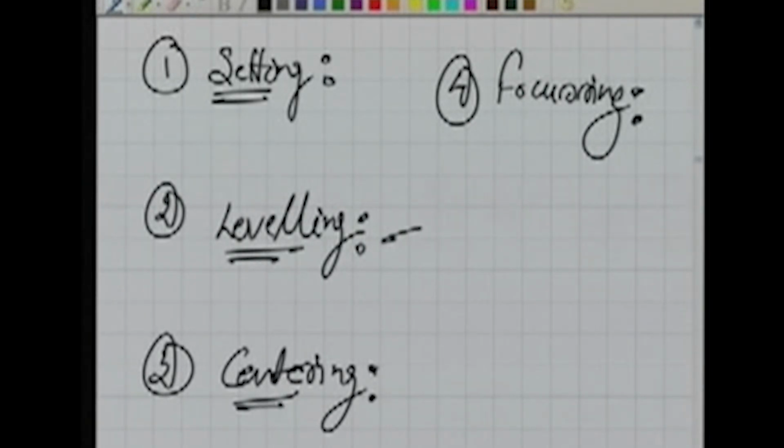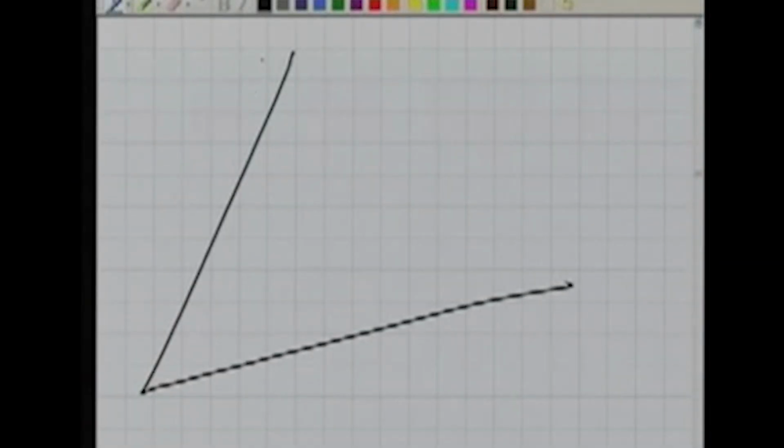If you do leveling, we have to do centering after that. Again, after doing centering, we'll have to check our leveling. And after doing our leveling, we'll have to check our centering, because they are dependent. Now, what all these are and how we proceed with them is what we are going to see now. The problem is, we want to measure an angle, let us say A, B and C. This is the horizontal angle which we want to measure.